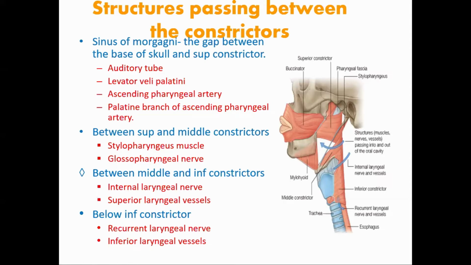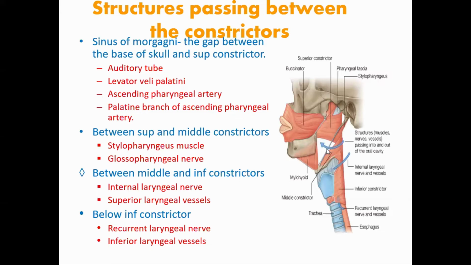So in the MCQ, what structures pass through the sinus of Morgagni? The auditory tube, levator veli palatini, ascending pharyngeal artery, and the palatine branch of the ascending pharyngeal artery. The gap between the superior and the middle constrictor muscles transmits the stylopharyngeus muscle and the glossopharyngeal nerve.